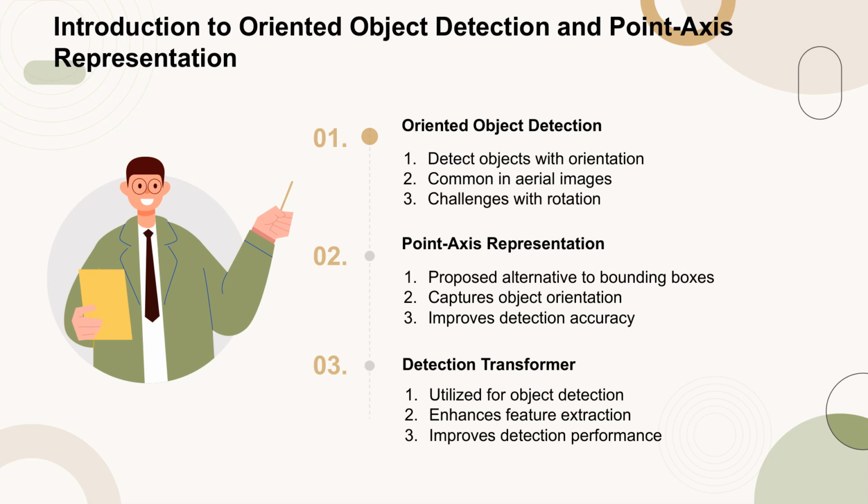This introduces significant challenges due to the need to account for rotation. The point axis representation is a novel approach proposed by the authors as an alternative to traditional bounding box methods. This representation is designed to more accurately capture the orientation of objects, thereby improving detection accuracy. Additionally, the use of detection transformers in this context enhances the feature extraction process, leading to better overall detection performance.